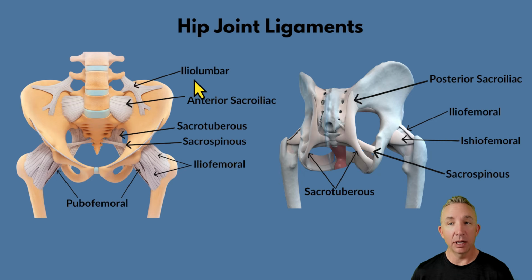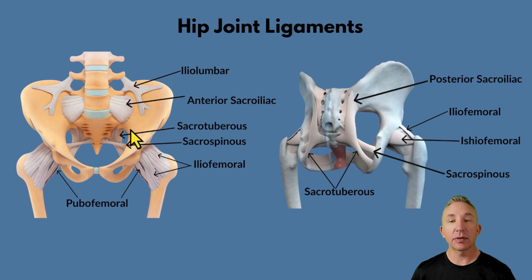So iliolumbar, and then we're connecting my ilium to my femur. On the anterior side, to connect my ilium to my sacrum, anterior sacroiliac. On the posterior side, we have posterior sacroiliac.